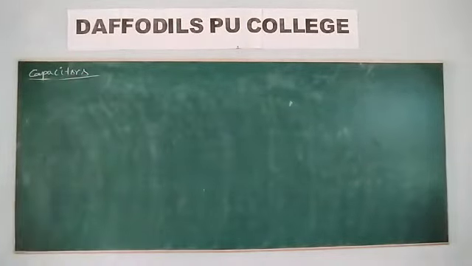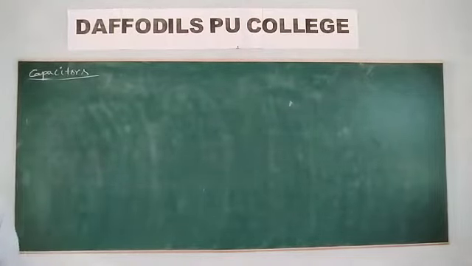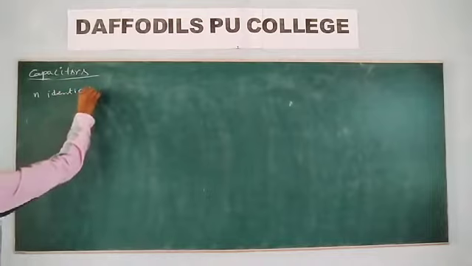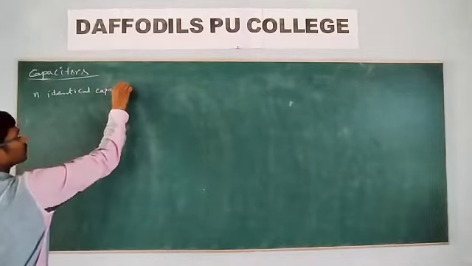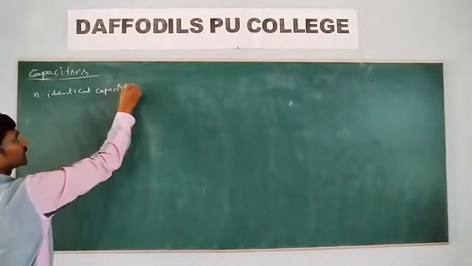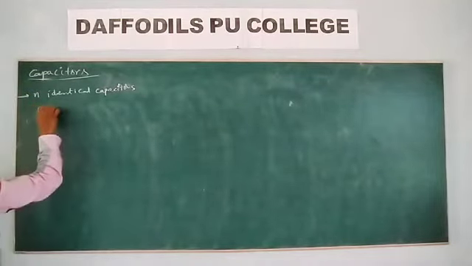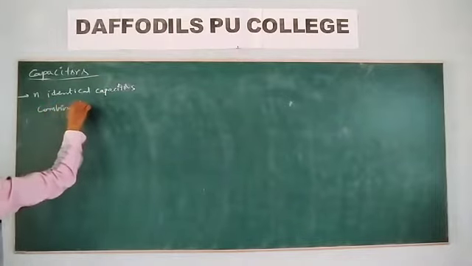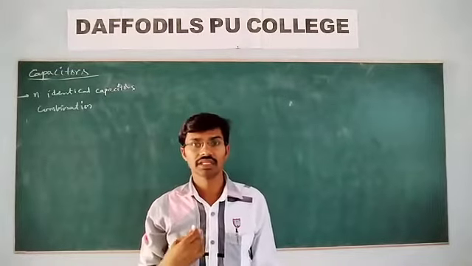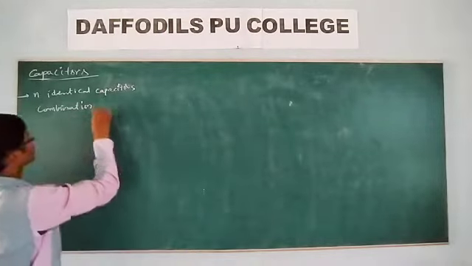When we have taken n identical capacitors, how many combinations are possible? For n identical capacitors, the number of combinations is 2 power n minus 1.